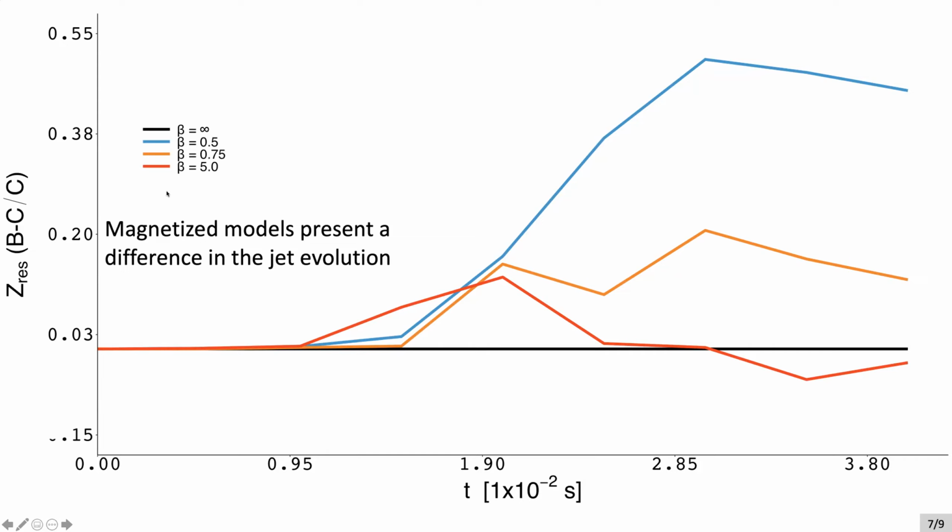The jet that evolves in a medium with beta equal to 0.5 evolves more than the jet with beta equal to 5.0, and the jet with beta 0.75 evolves more than that case, but less than the 0.5 case. So it's what I was saying before.